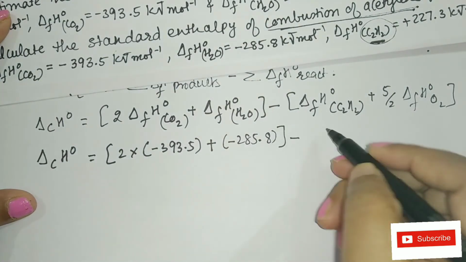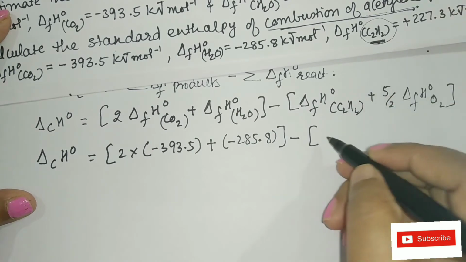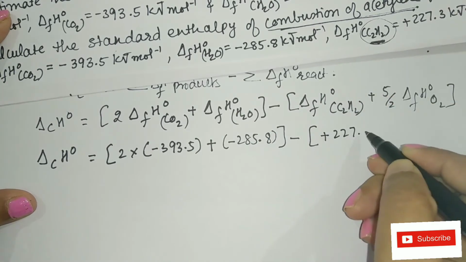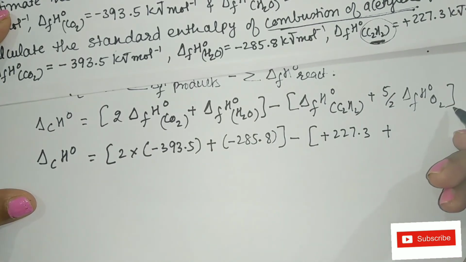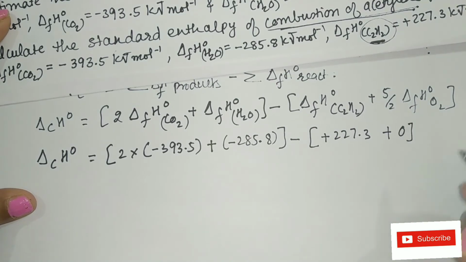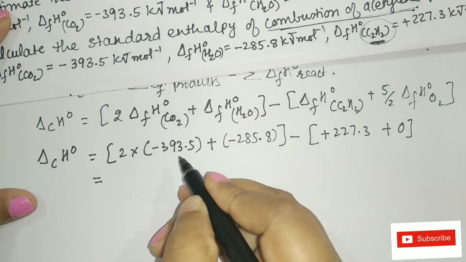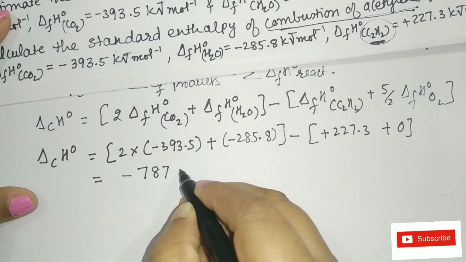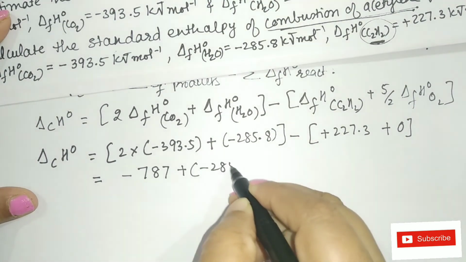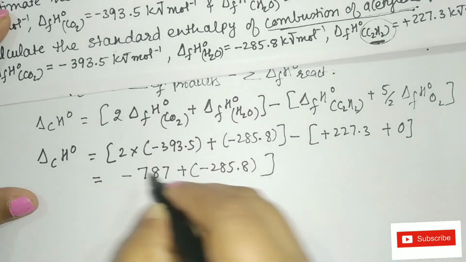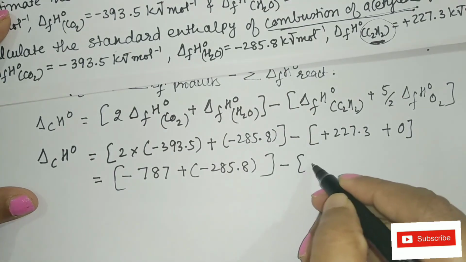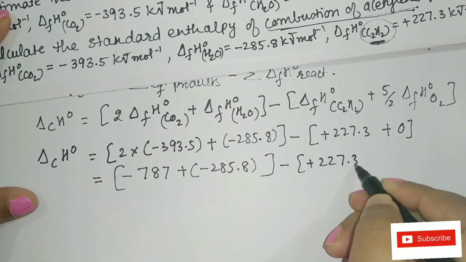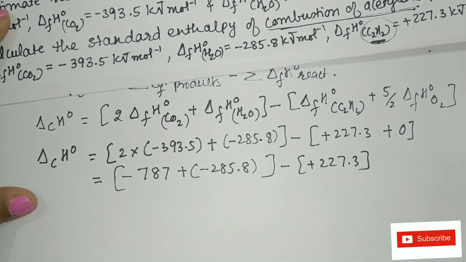Product side over. For acetylene they have given 227.3, and oxygen is again in the elemental state, so this will be 0. Now after multiplying this by 2, you will get minus 787 plus minus 285.8, this term is over, minus 227.3. So this is also over.